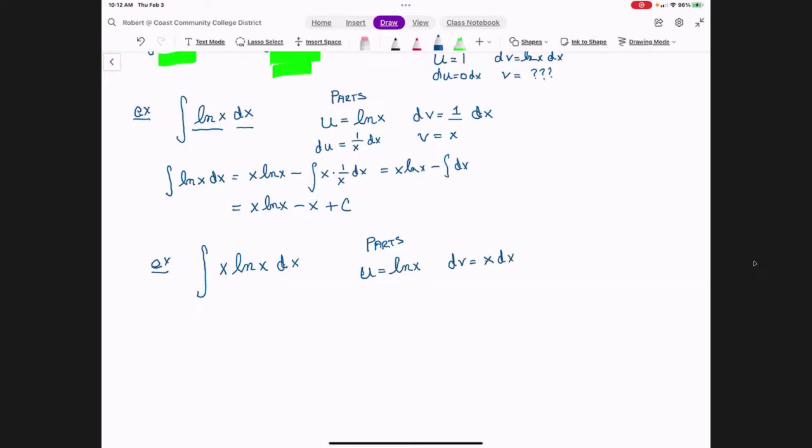Okay, now the reason for this choice, and I'll do the other choice next, is because du is 1 over x dx and v is x squared over 2. And so I know that the thing that I'm going to have to eventually integrate is just going to be some power of x.